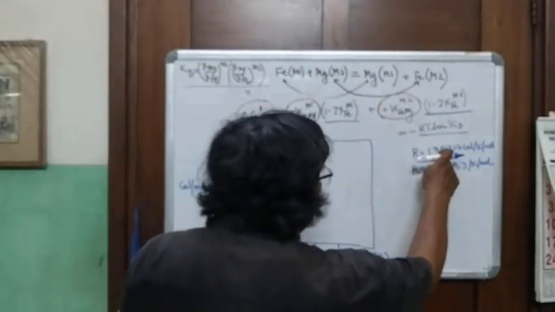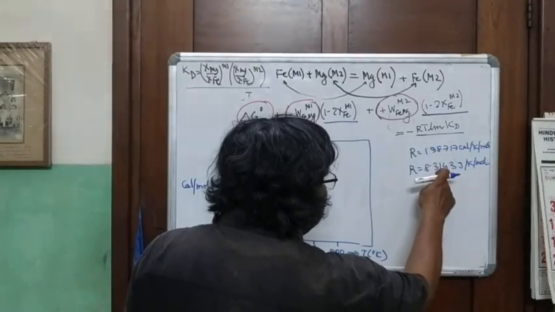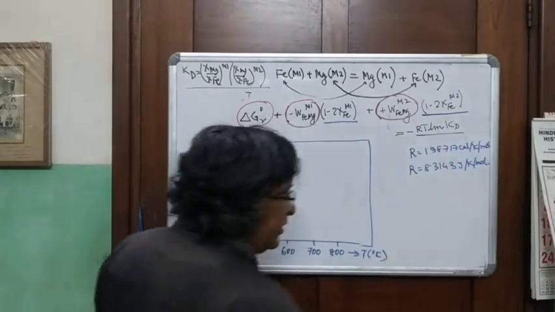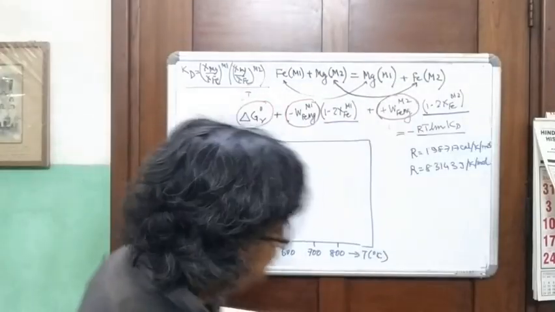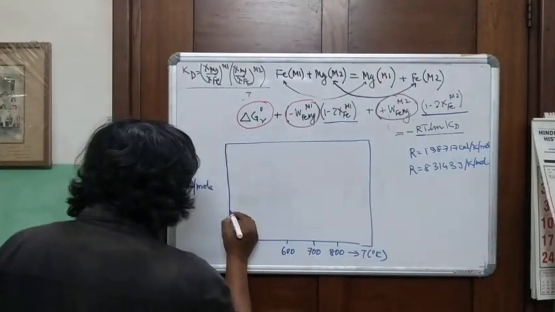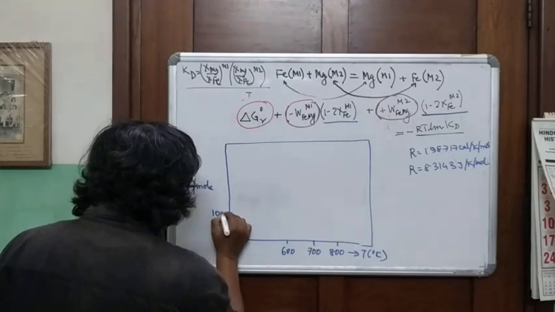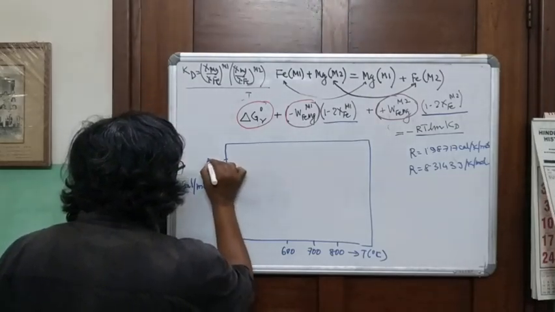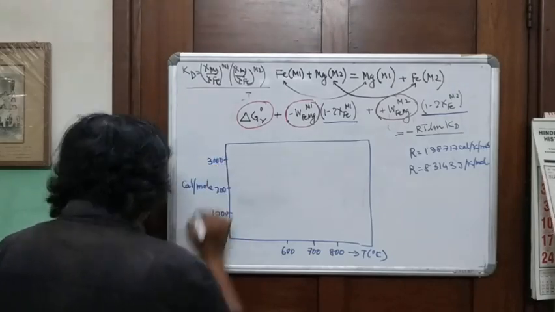So it's easy to convert. This multiplied by 4.189 gives you this value. You multiply calories by 4.189, you get joules. So 1,000, 2,000, 3,000 are the values.